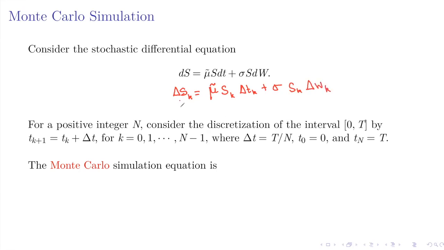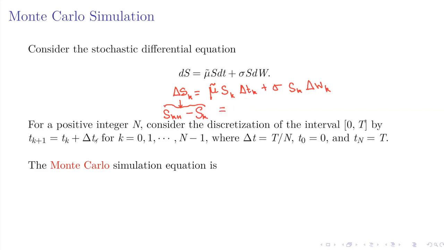What is delta S? This is nothing but S_{k+1}, the value of the stock process S at the point t_{k+1}, which is the approximated value, not the exact value, minus S_k. That is what we denote by delta S_k. Again, S_k is the approximate value of the stock price S at the point t_k.